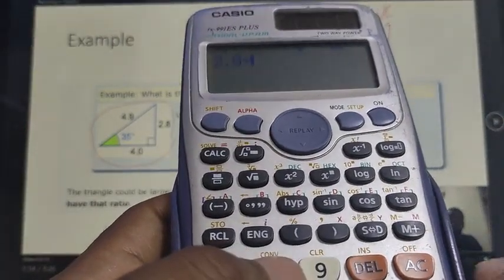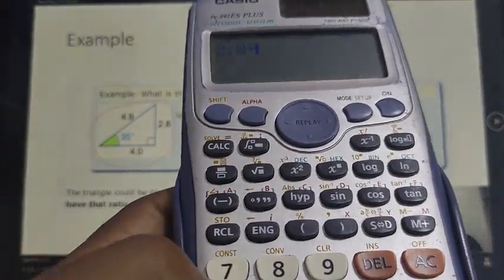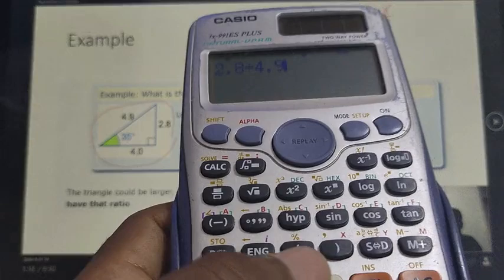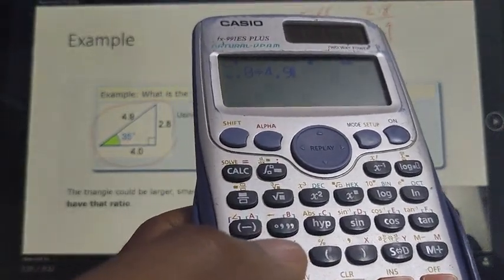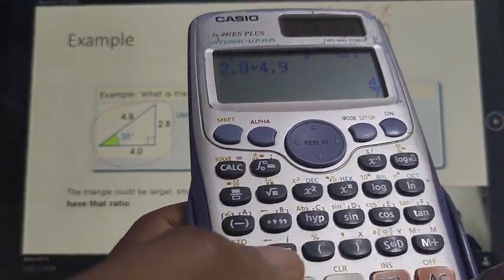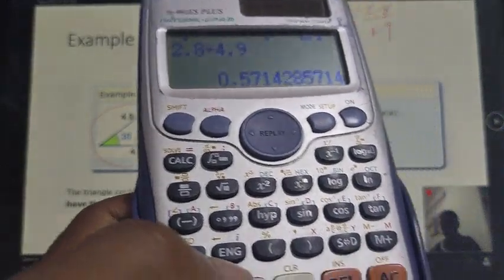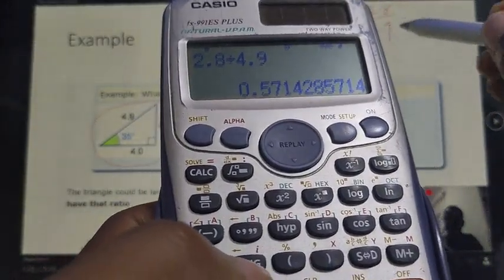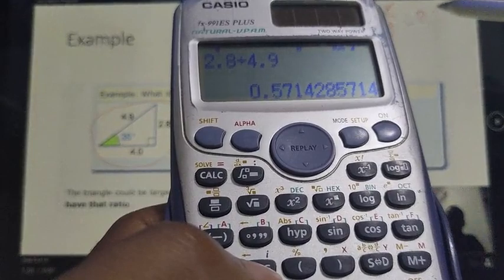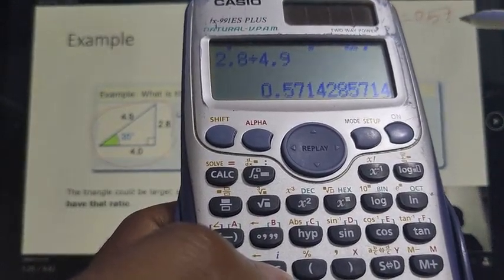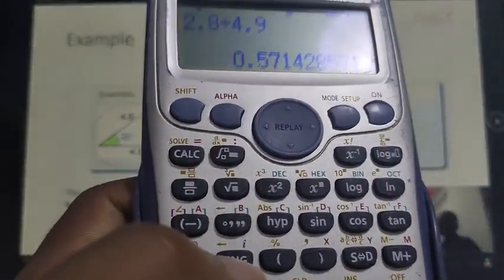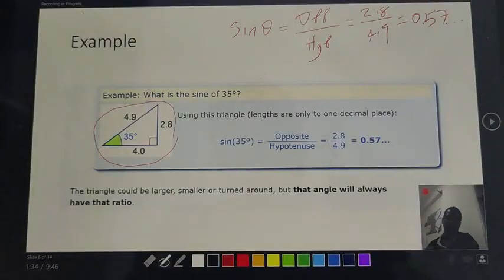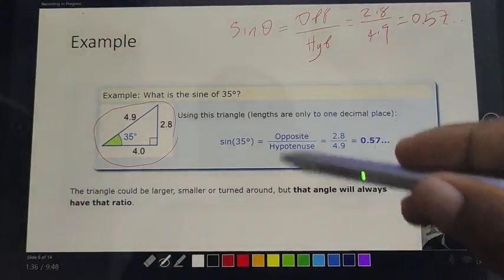So 2.8 over 4.9 is equal to 0.57, and many other numbers there. So you can do that.